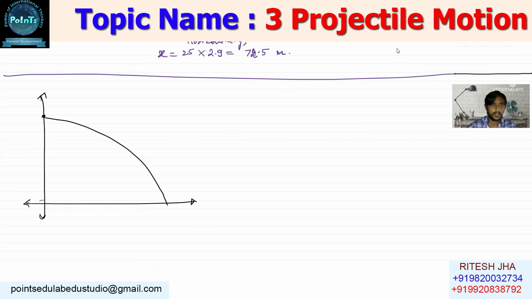It was thrown horizontally with 20 meter per second from a height of 125 meters.